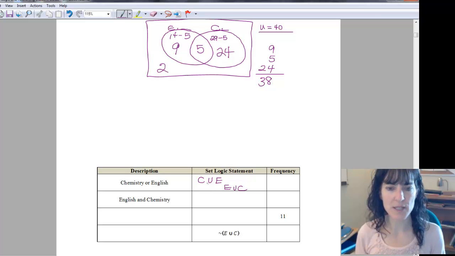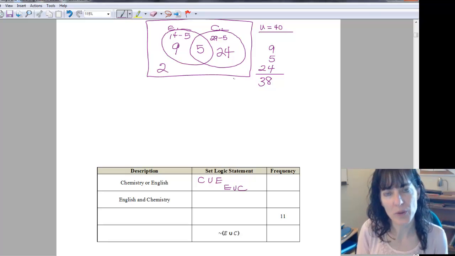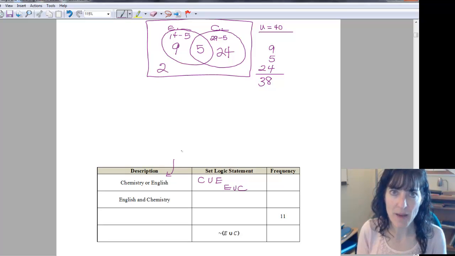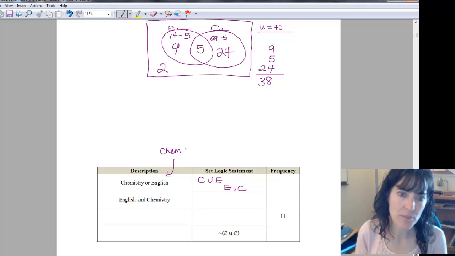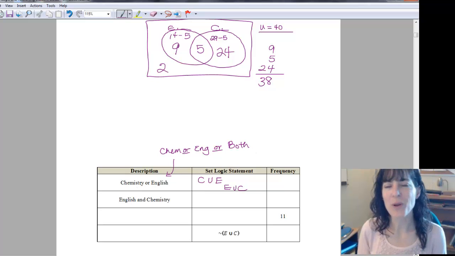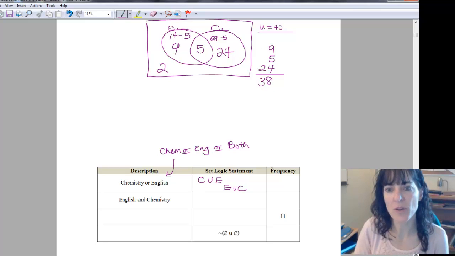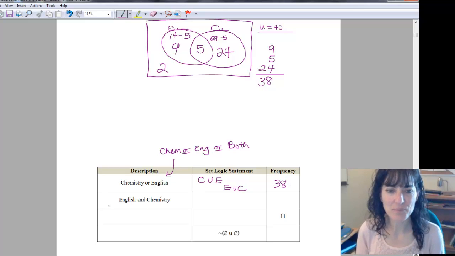And then the frequency, how many students are taking chemistry or English or both, is the way that you interpret this. When we label it like that, it makes it more clear that we're talking about the sum of these 3 numbers, which we already did over here. We know the frequency, or the how many times, is going to be 38.